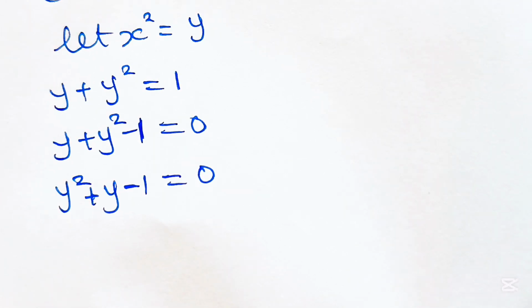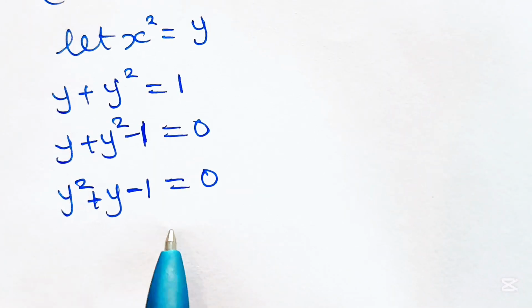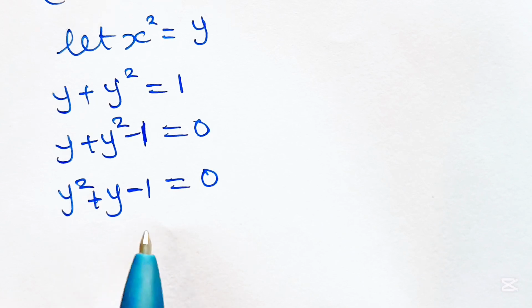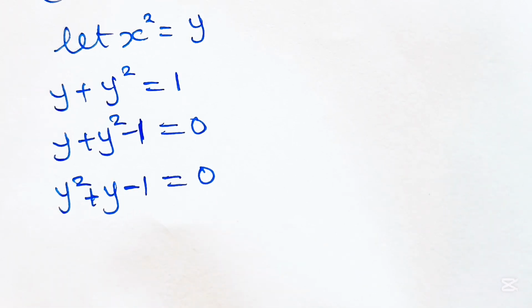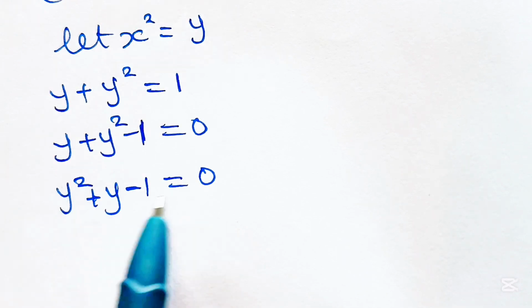Now at this point, to get the value of y, we need to use the quadratic equation formula, but note we are not looking for the value of y, we're actually looking for the value of x, but we're going to get our x from our y.